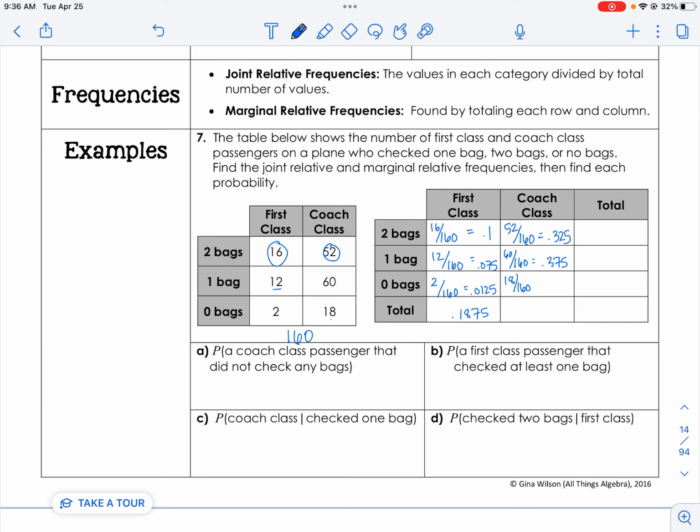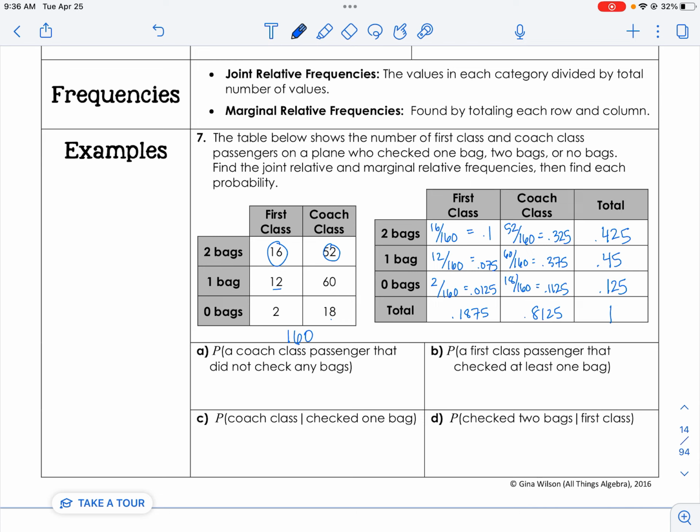So you're making a fraction here, writing it as a decimal, and then adding up all of the rows and the columns. And as you add up these columns and then the final rows, they should add up to a total of 1, because that would be 100%, accounting for 100% of the data that you've collected.